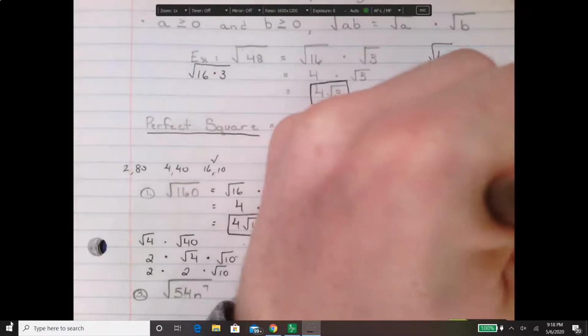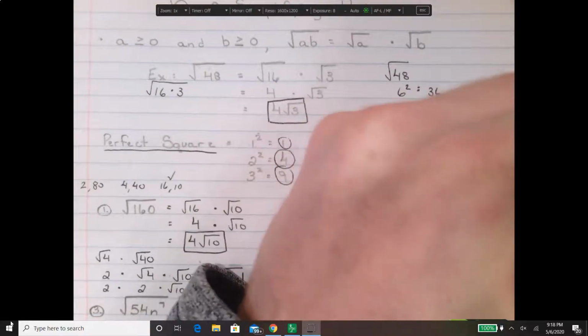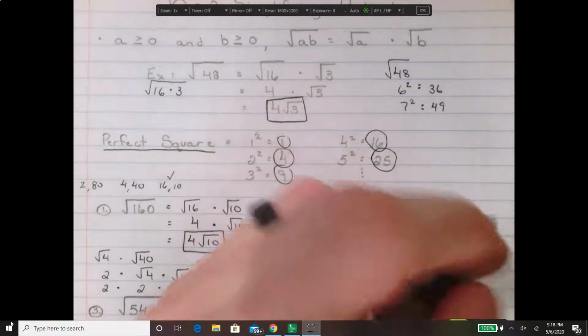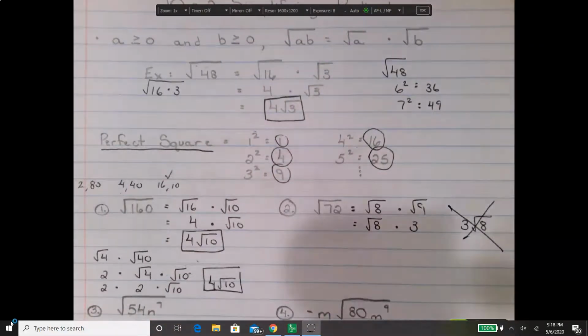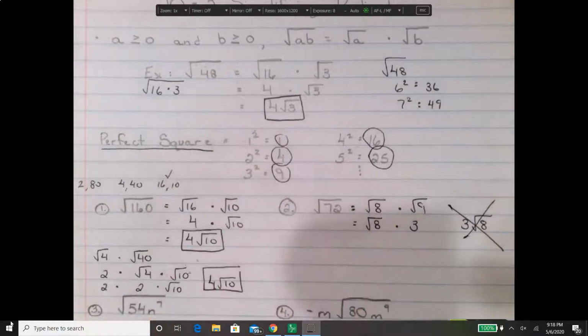It is 3. Now, if you were to write your answer as 3 radical 8, you would not get all the points. This would be partially wrong. And the reason it's wrong is because we can take the square root of 8 and simplify that down even further. So what can I divide 8 into?